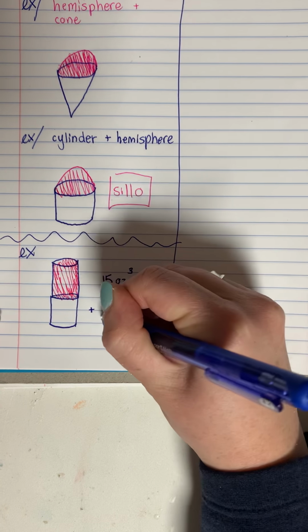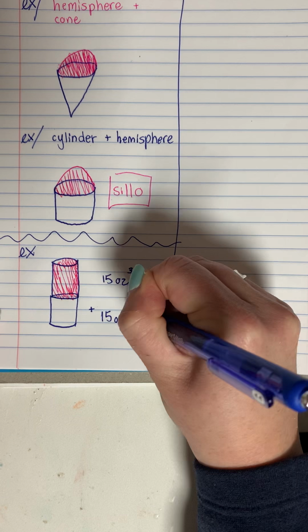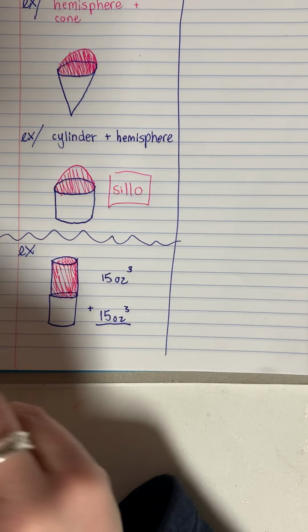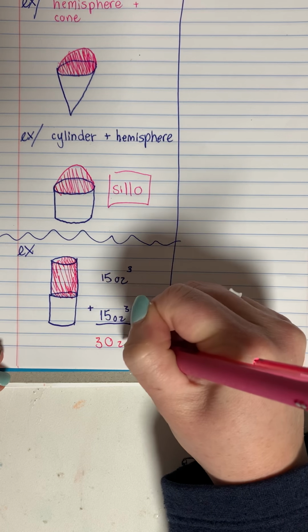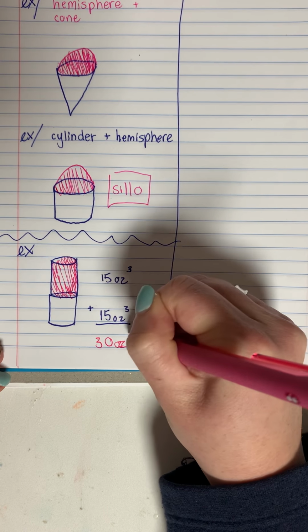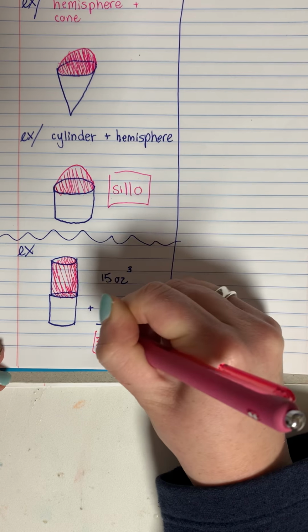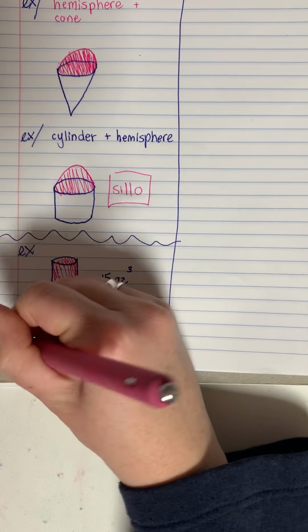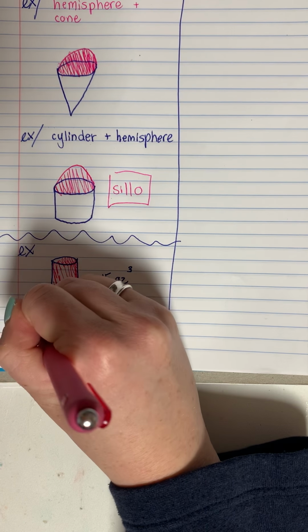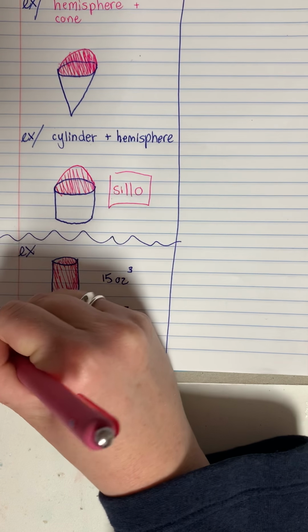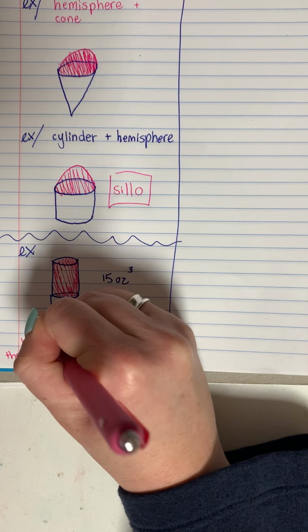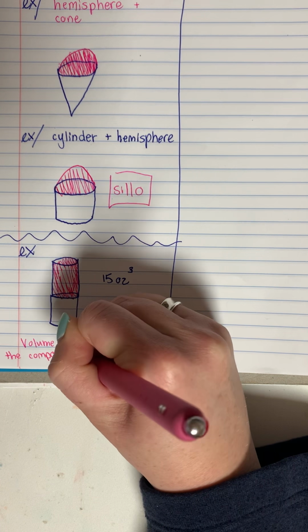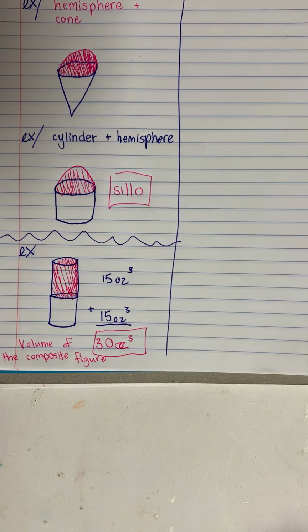And then we're going to add 15 at the bottom as well. So we have the top and the bottom together, 30 ounces cubed. So that is the volume of the composite figure. If you need to pause the video here, go ahead and do so. Copy that down.